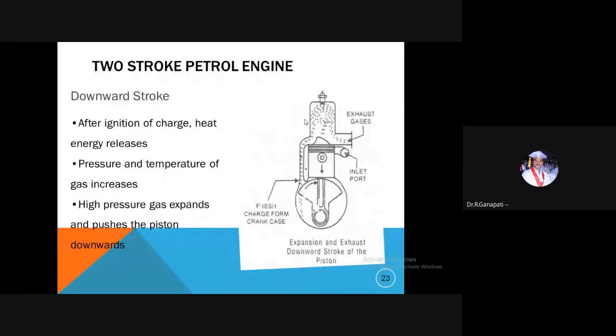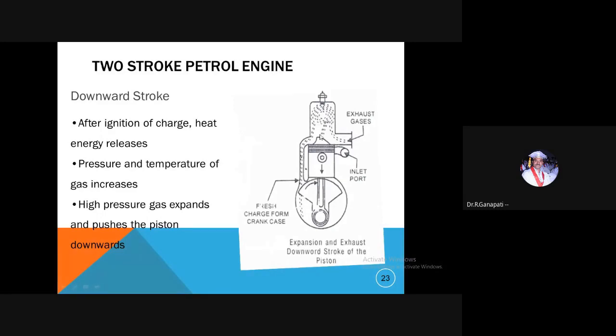This one is the downward stroke. When the piston travels from the TDC to the BDC, initially the transfer port will be open. The air fuel mixture enters the engine cylinder from the crankcase via the transfer port, and simultaneously the combustion products are sent to the exhaust port.